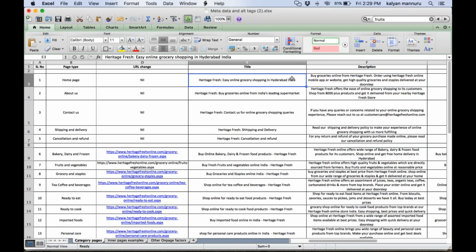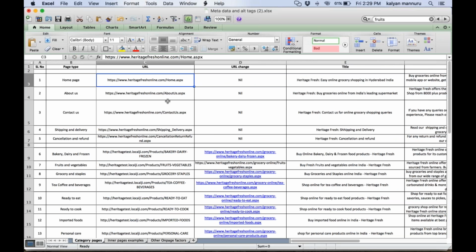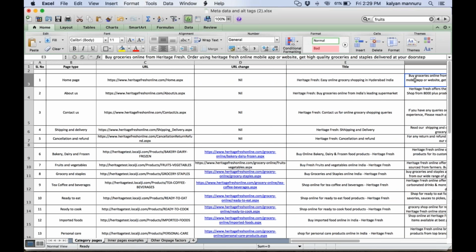It doesn't mean that you might be thinking, oh, you mean to say Google is going to match title and URL, so how about including all my keywords in the description? Now that is where you would be making a mistake. For one category or for one page, you should have one title and description, and all of it, the URL, title, and description, should be talking about only one topic.